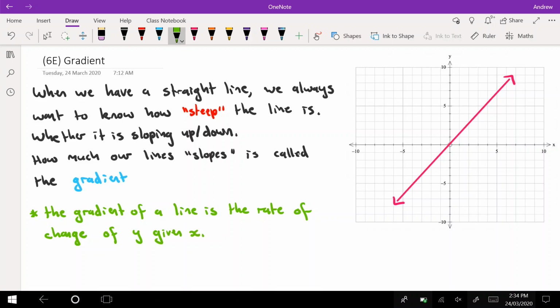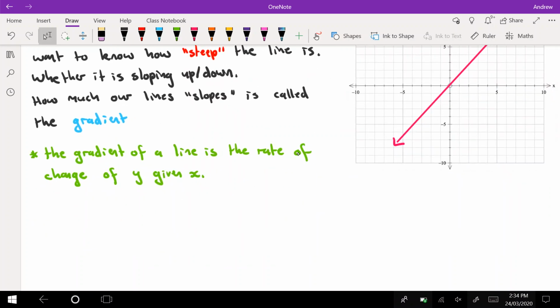And that probably sounds like a little bit of different language right now, but what that means is it's how much y changes when x changes by 1. So as x increases by 1, how much is y changing? That's what it means with the rate of change given x.